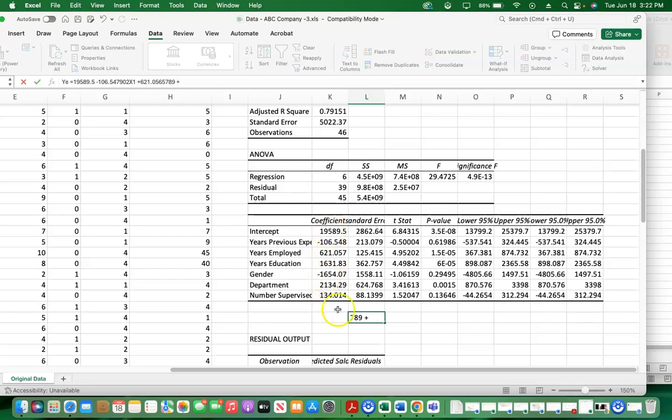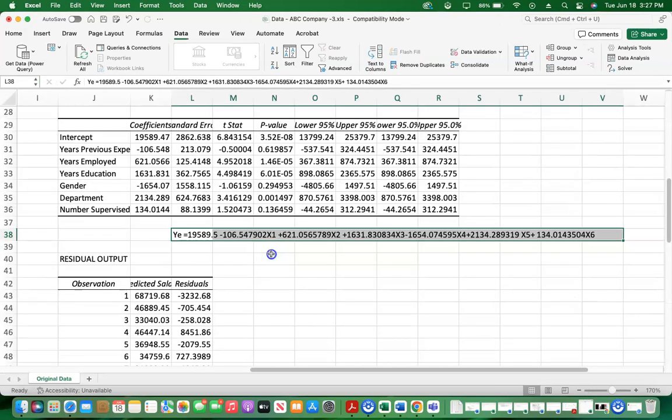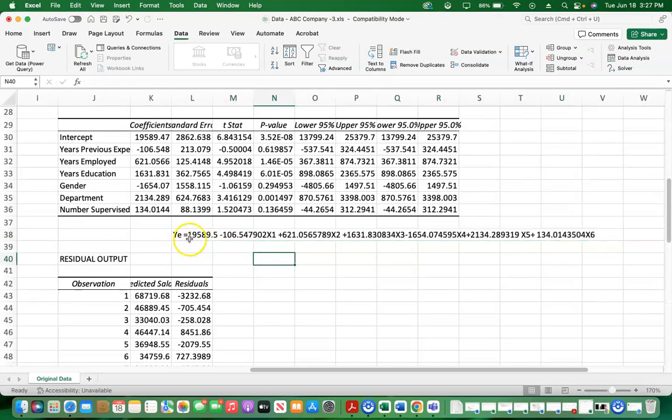So I'm going to stop the video and copy all these values together, and you can also do the same. So let me stop here. I have copied all the values in the model, and you can see we have the y-intercept, which is this value, and here we have minus, and that's for years of previous experience.